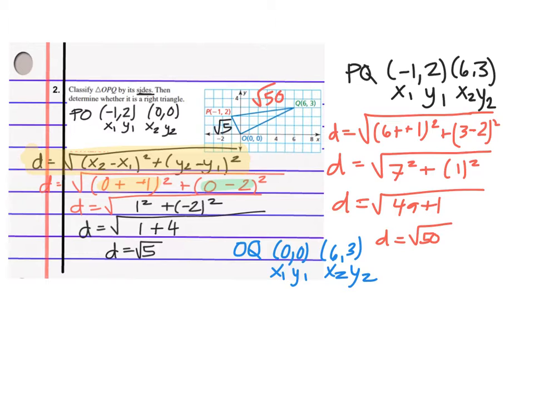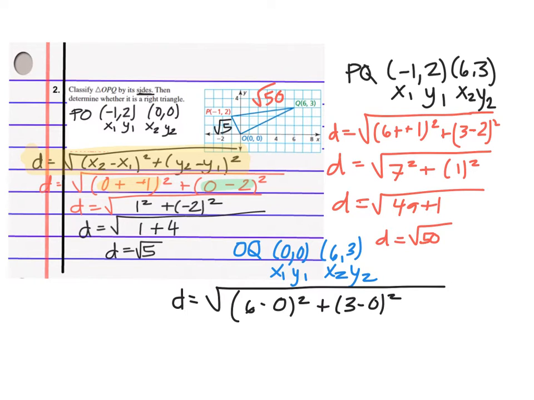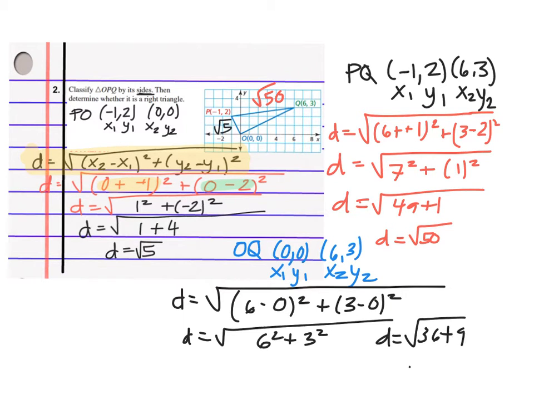So pause the video, see if you can get your distance formula, see if it's coming back to you. Should be 6 minus 0, 3 minus 0. So I get 6 squared, and 3 squared. So I get 36 plus 9, and I get the square root of 45.